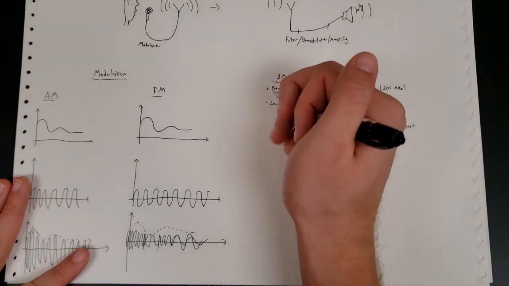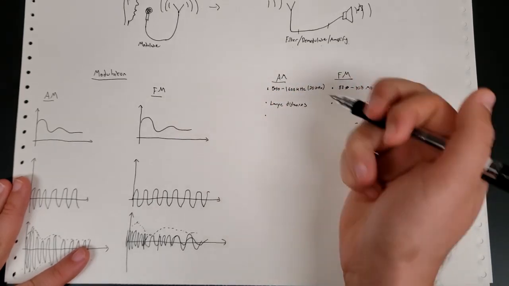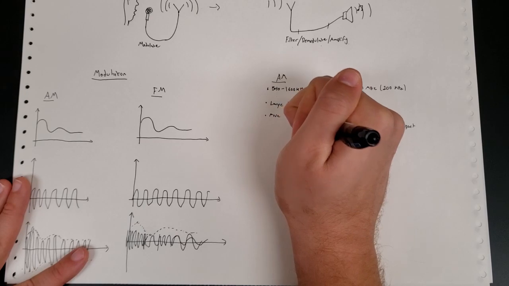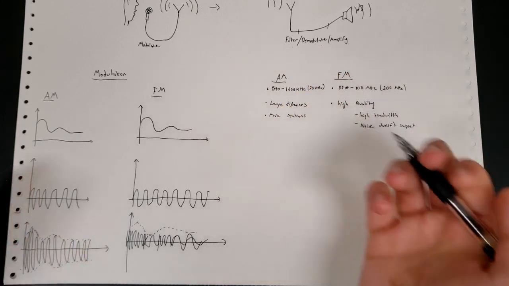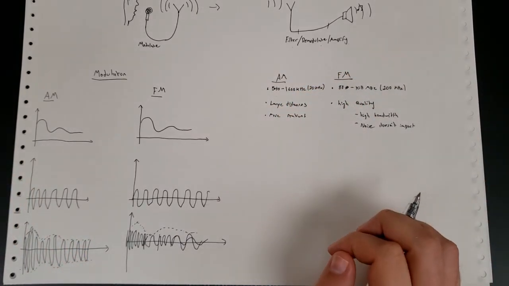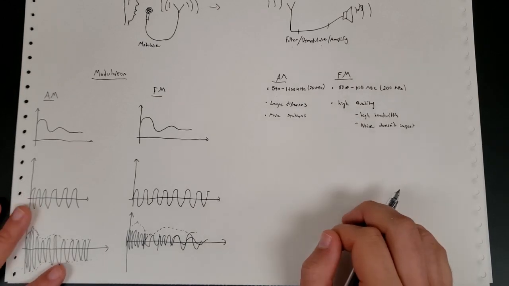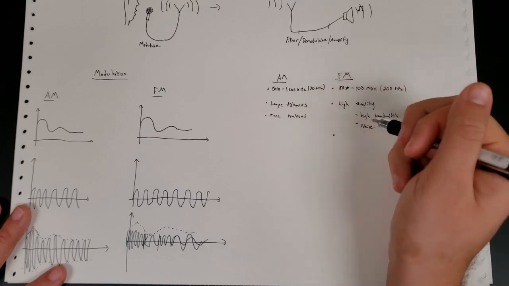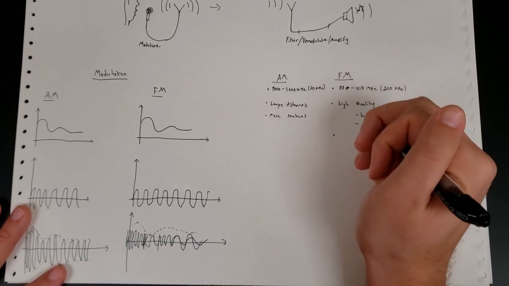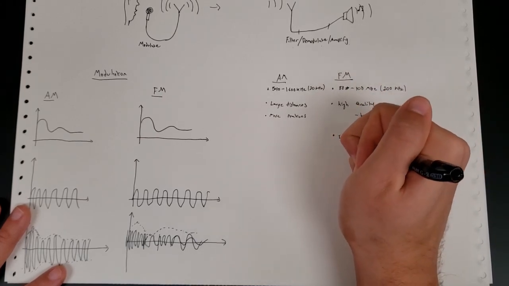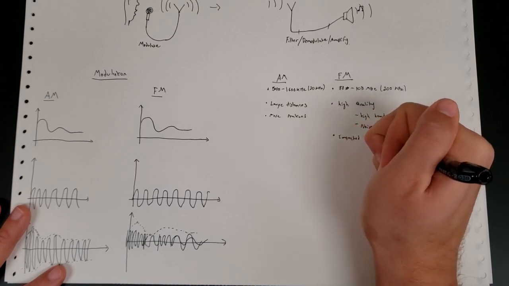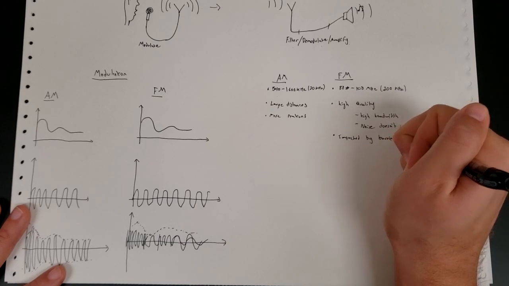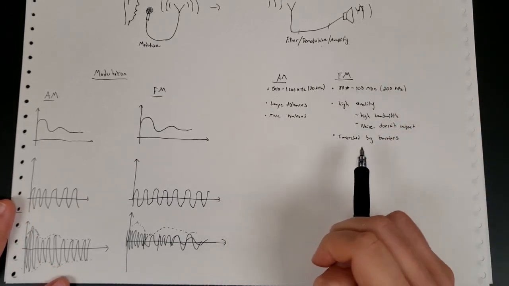All right, for AM, because it has a small bandwidth, you can have more stations within the same range, so we can get a larger number of stations. So that's one other benefit for AM. And then for FM, one drawback is it's impacted more by physical barriers, like walls, or you've probably seen this whenever you go underneath a bridge, right?